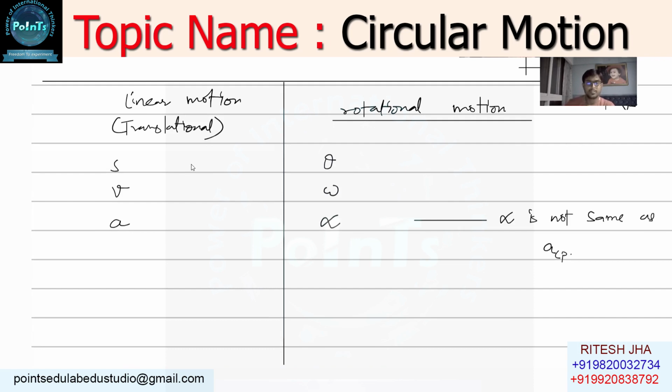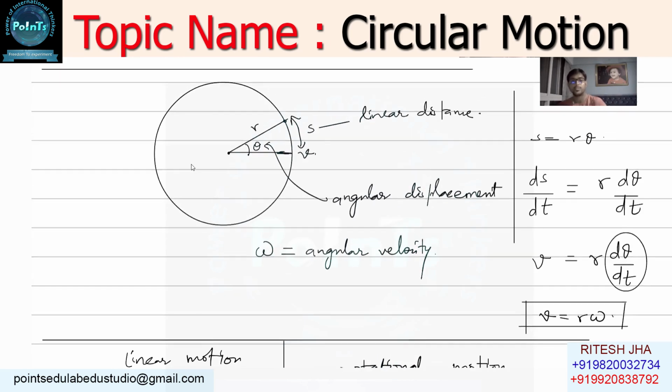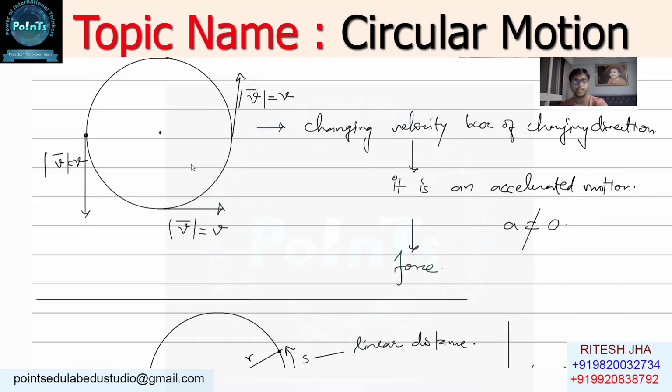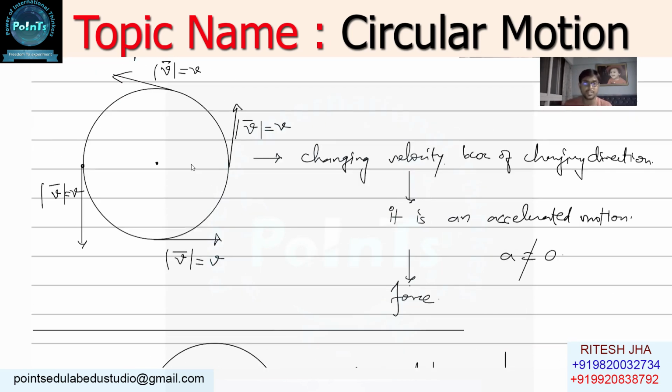This centripetal acceleration is basically the tangential acceleration, because we are determining this acceleration with the velocity that you see over here. So you should not get confused. These velocities are changing, and these are nothing but the tangential velocity. Agree?